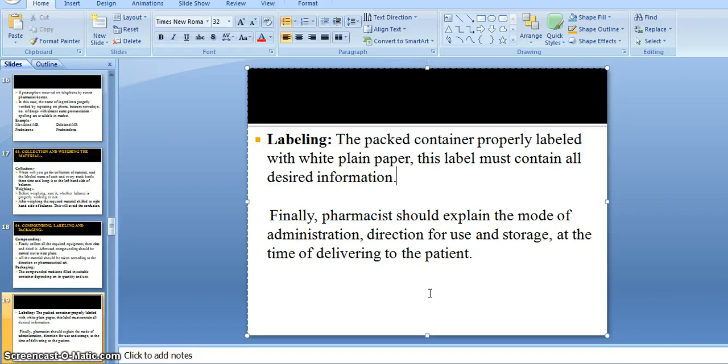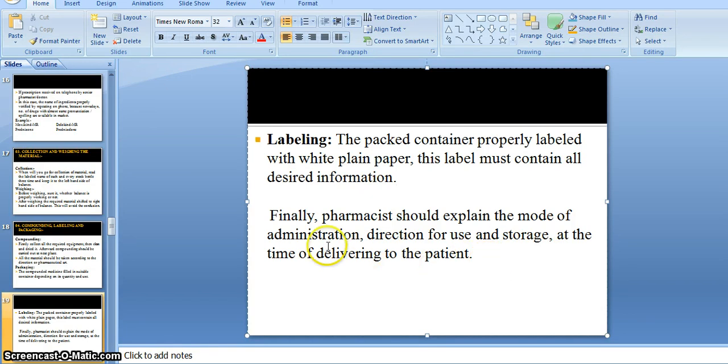Means after properly compounding the desired prescribed medicines, the pharmacist should deliver the medicines to the patient.